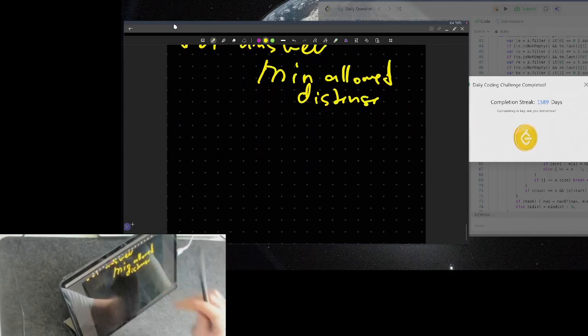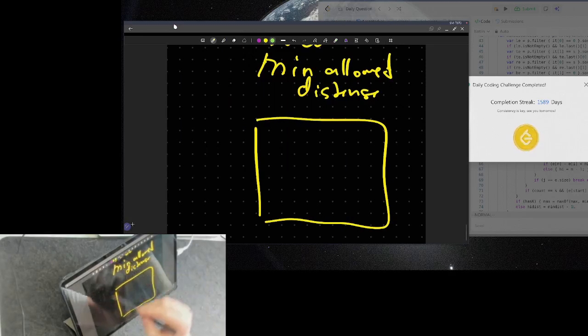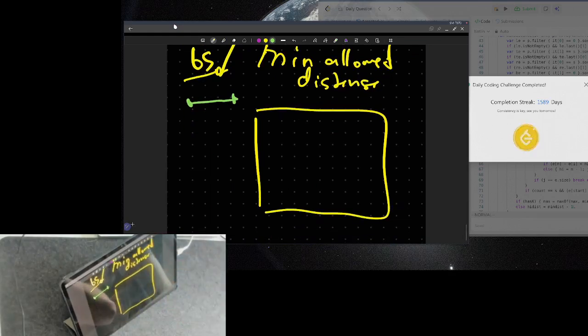So if we have this square and we have some minimum allowed distance, we will binary search it, but let's find out how we can check if it's accepted or not.